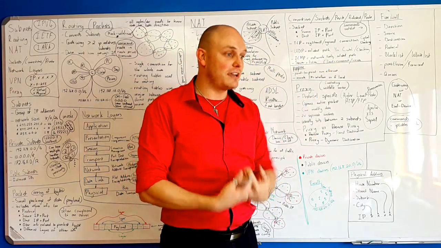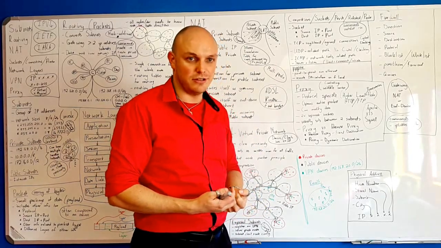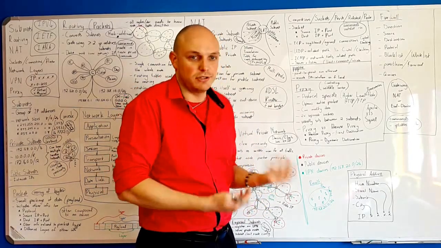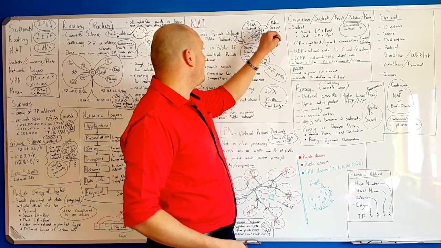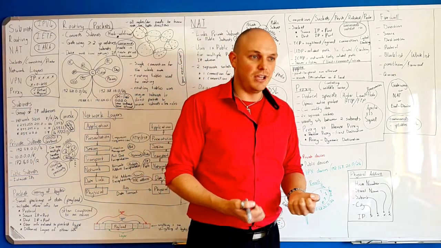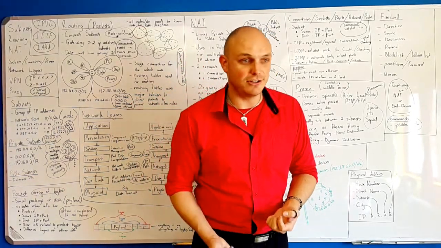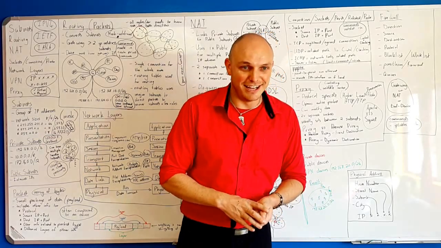So that makes it very safe. If a hacker tries to get to one of these PCs, he can't. The NAT will just block him. It will just say, sorry, I don't know what you want to do, and drop the packet. So if you have a NAT gateway, you don't technically need a firewall, if you obviously know what you're doing on the internet and you don't click weird, funny download buttons that don't actually exist.